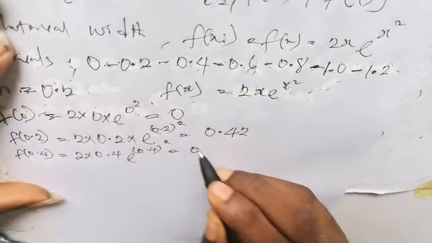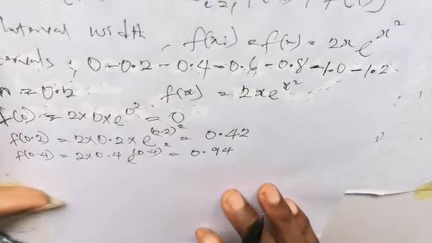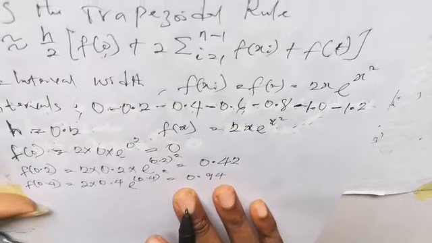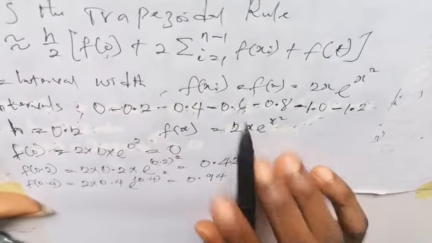I'll start with 0.4 squared, obtain a value for it, then take exponential of this answer, multiply by 2, multiply by 0.4. That gives me approximately 0.94.